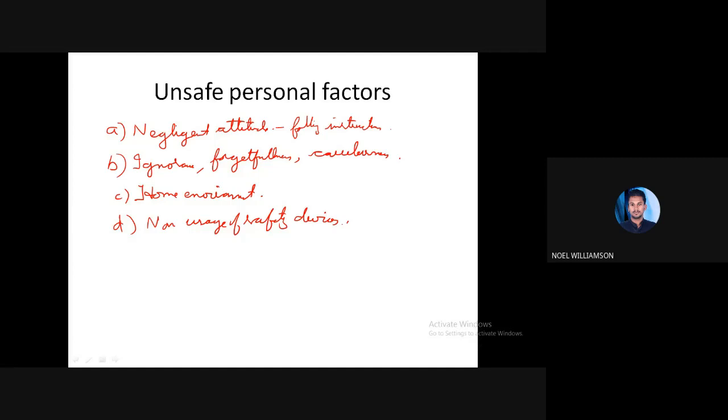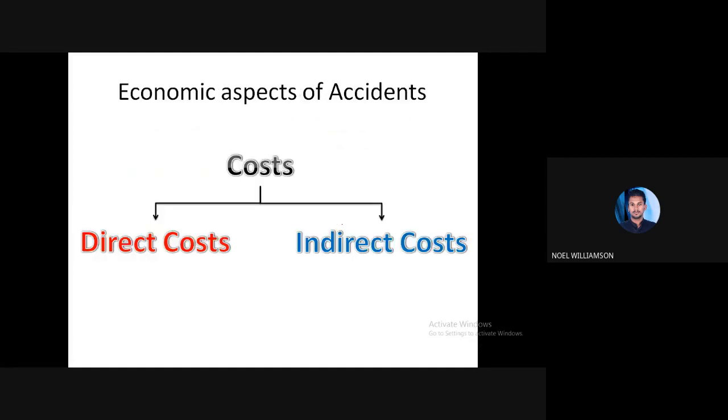Now we'll see what the economic aspects of accidents are. There is a cost. So we can relate the cost with the accidents. Suppose some accidents are occurring, then we can say there will be many losses to the employee or even to the society.